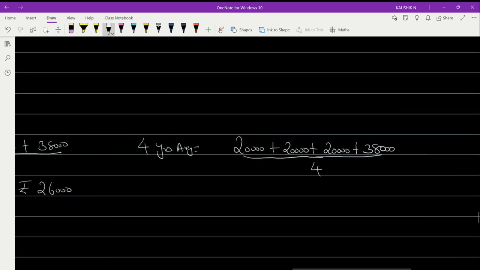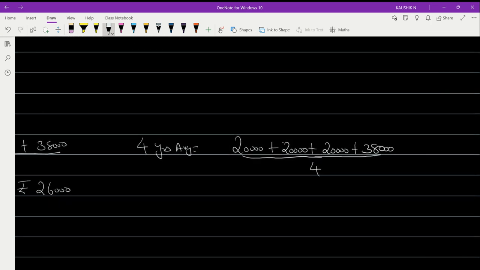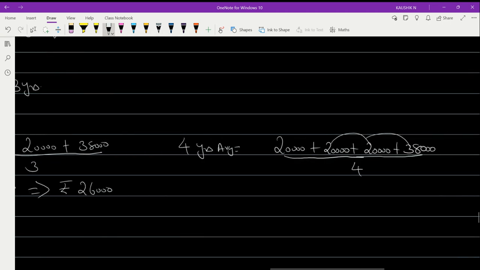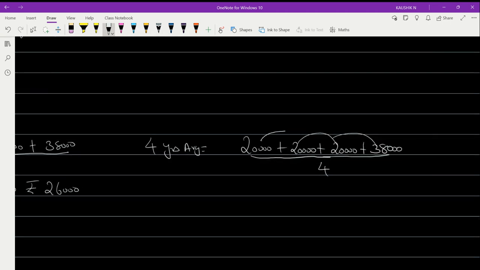Okay. In the same way, just look here. You already got by adding these three an amount of rupees 78,000. With that, you just need to add this 20,000. So 78,000 plus 20,000 will be how much? 78 plus 20, 98,000. Exactly, good. So 98,000 divided by 4.